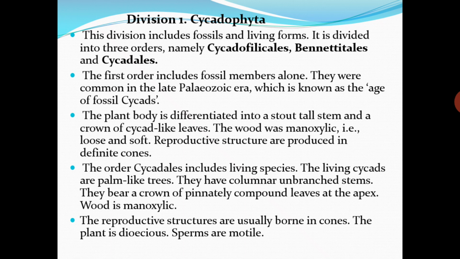The plant body is differentiated into a stout, tall stem and a crown of cycad-like leaves. Stout means a strong and thick tall stem, and palm-like leaves are present here.